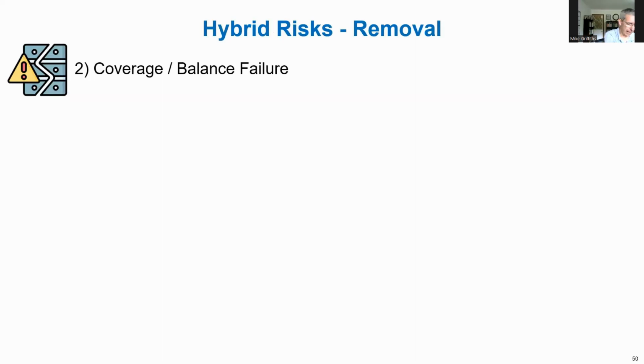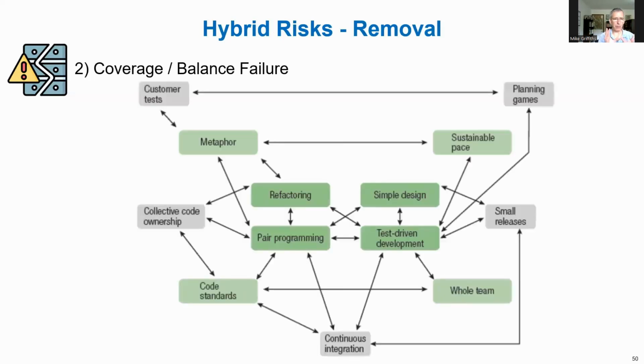So the first one, usually most Agile frameworks or toolkits are a balanced matrix of supporting activities. This is XP, and it talks about having collective code ownership helps with refactoring and pair programming. Having coding standards also helps with pair programming and collective code ownership.